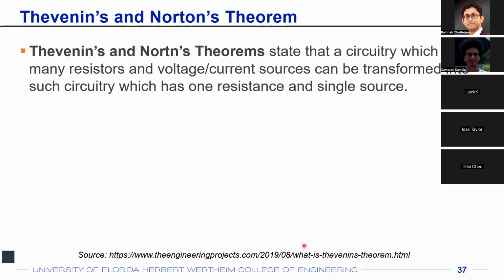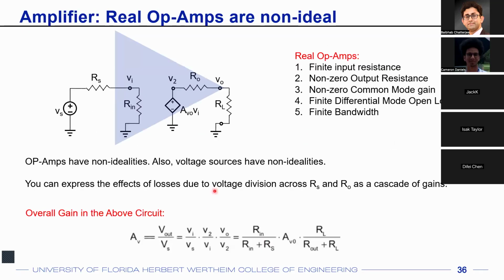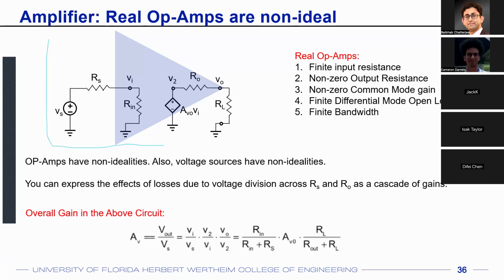Okay. Next thing that we are going to quickly look at is Thevenin's and Norton's theorem. Again, this is just a recapitulation. What Thevenin's and Norton's theorem tells you is that if you have a circuit which is like a black box, so let's say, if I go back 2 slides, this is my black box, which is my op amp.